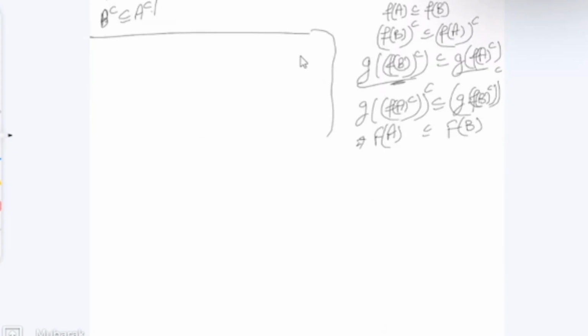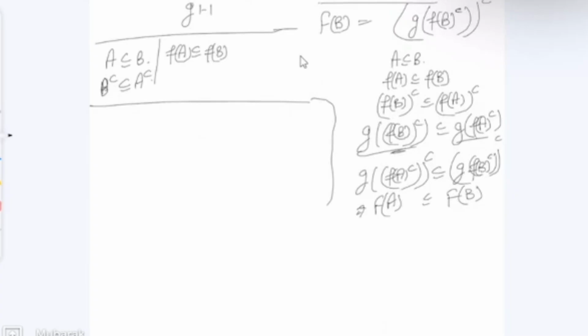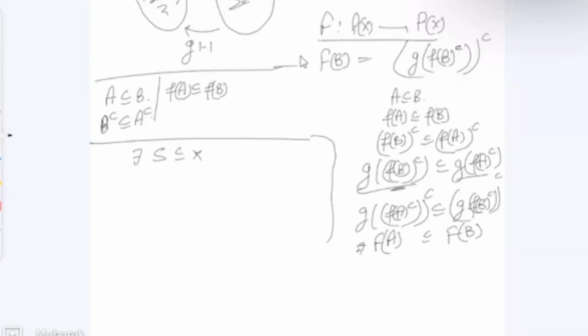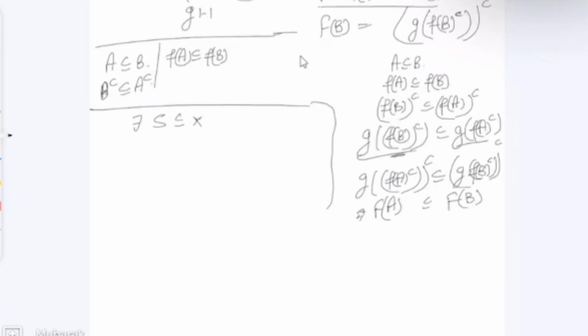So now we'll get some fixed point of f. Let's say it s. I'm using the same notation as I used in the lemma. So there exists s, a subset of x, or you can say an element of the power set of x, such that f of s equals s.